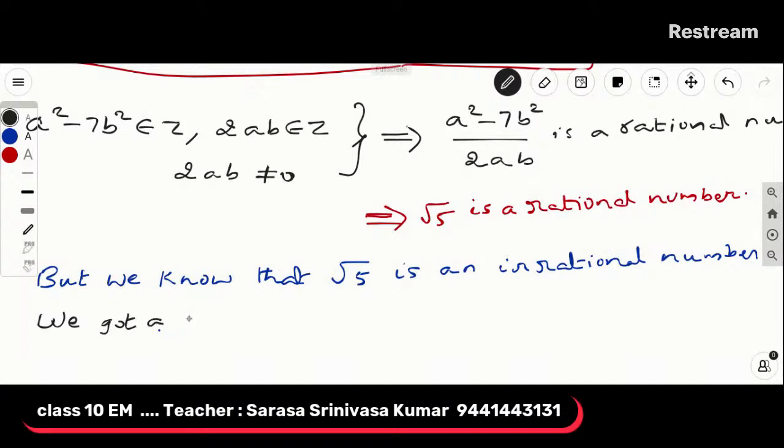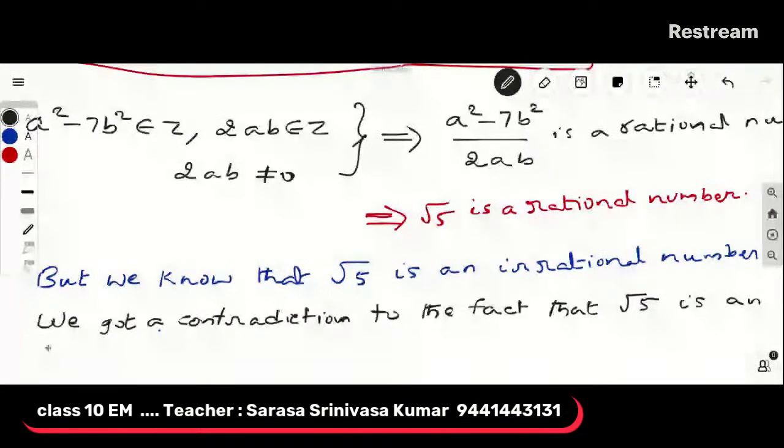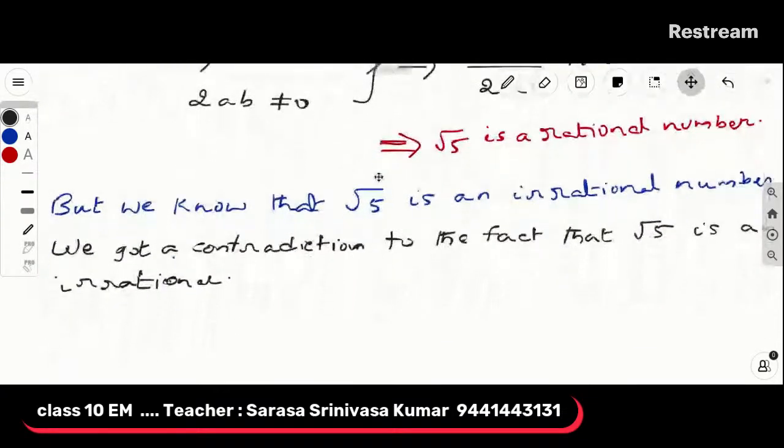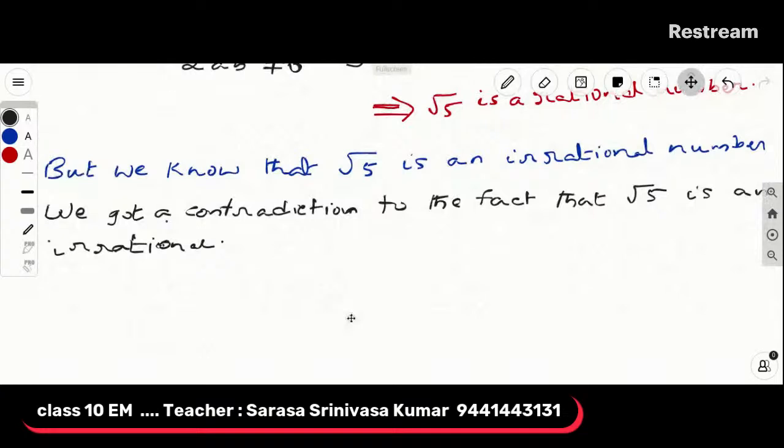We got a contradiction to the fact that square root of 5 is an irrational number. Why has this contradiction arisen? This is because the contradiction has arisen because of our wrong assumption.